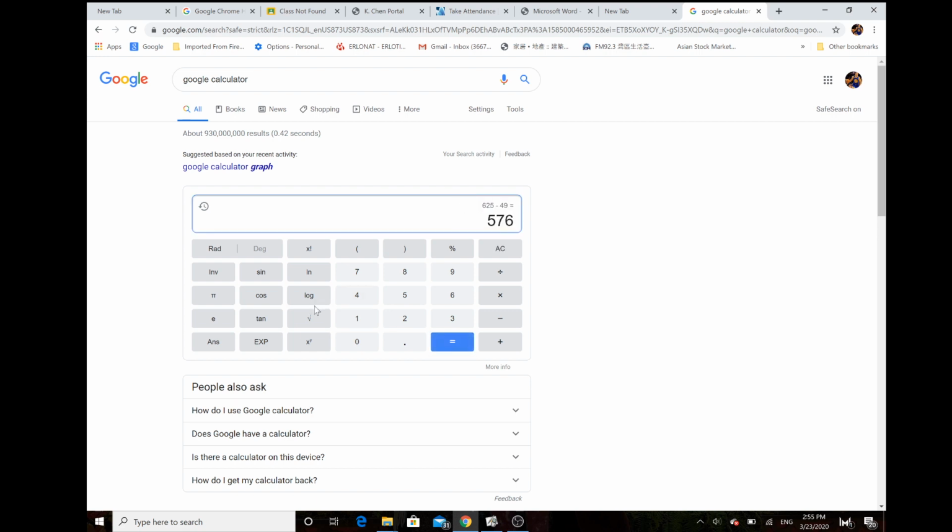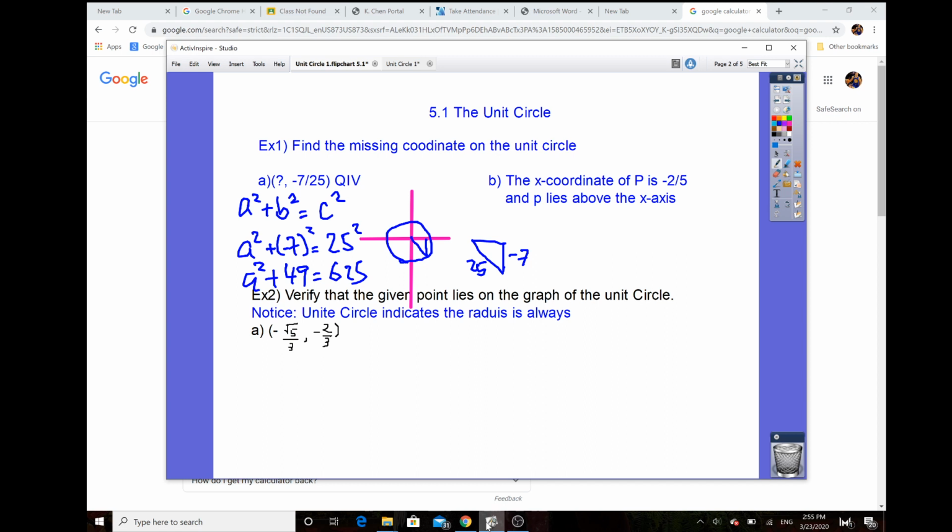And then the square root of 576. Okay, so the square root of that number, 576, it is 24. So it's going to give you a perfect square number. Okay, so for a, we do have a perfect square number. So that means this part right here is positive 24.